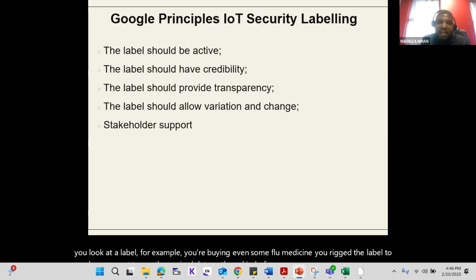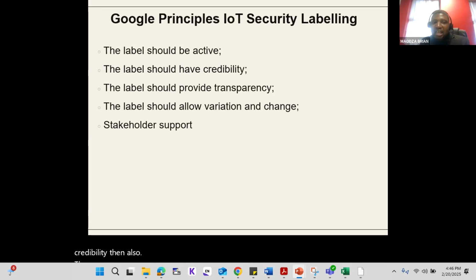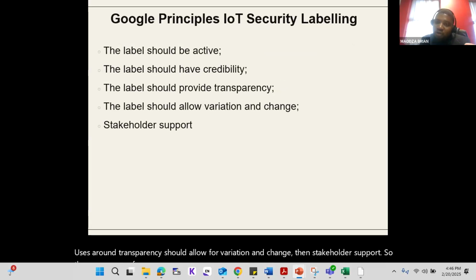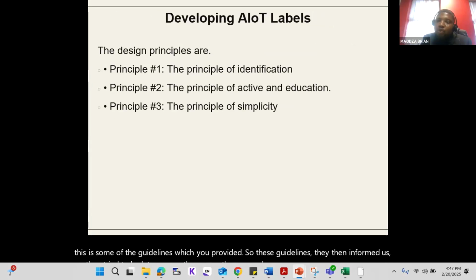Then Google also has some principles which they propose. They say the label should be active, it should have credibility, then also issues around transparency, it should allow for variation and change, then stakeholder support. So these are some of the guidelines which informed us. We then looked to see whether any other researchers had done something.